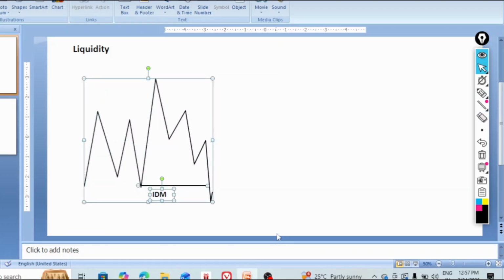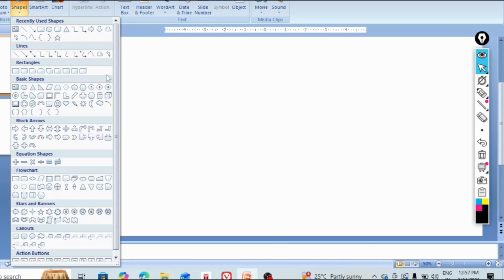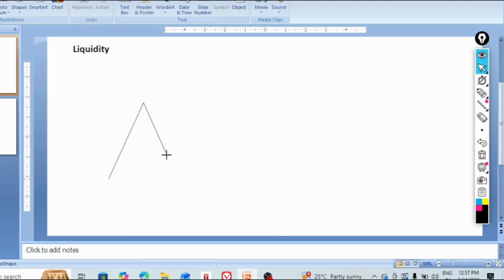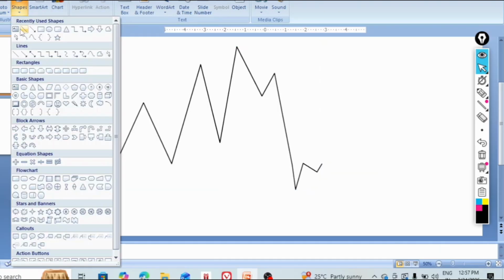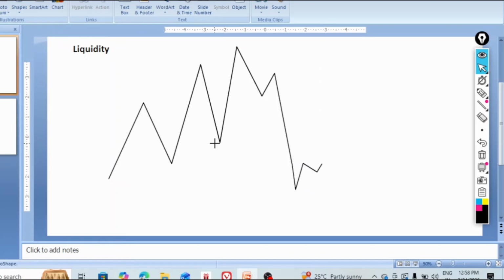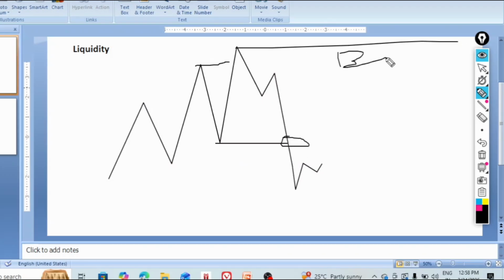Okay, something like this. This is the inducement here. We have the higher high here, inducement mitigation. This is the break of structure level, right?